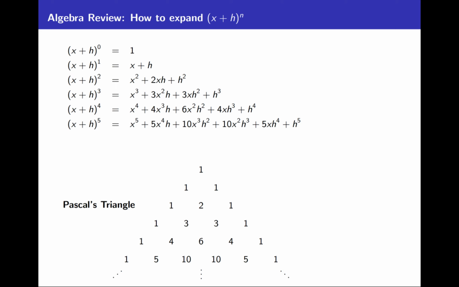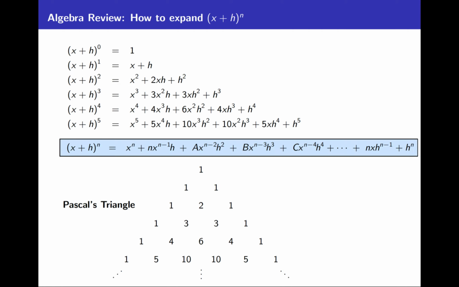Now you may be a little bit rusty on this, and if you are, that's okay. It's not going to hurt you. The important thing here for us is the pattern that we're getting. X plus h to the power of n has an expression that looks like this. It starts out with the first term being x to the power of n. The very next term is n times x to the power of n minus 1 times h.